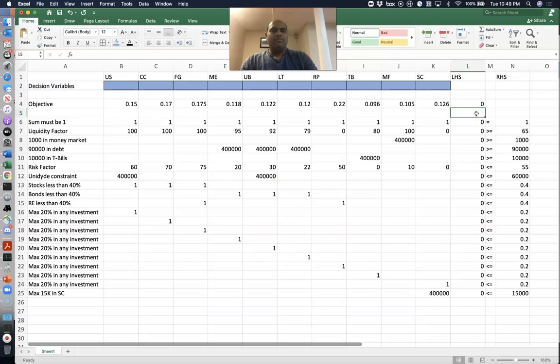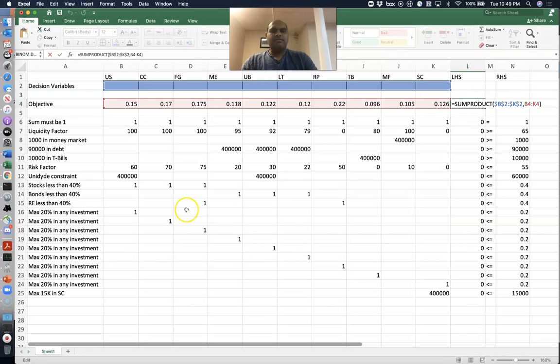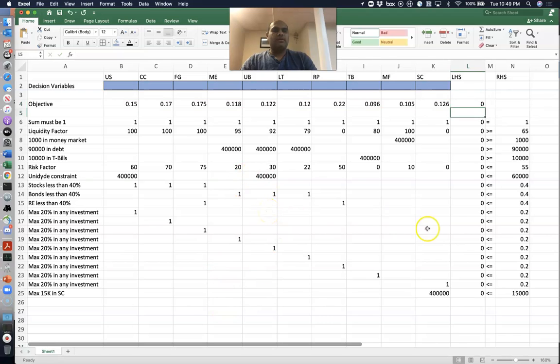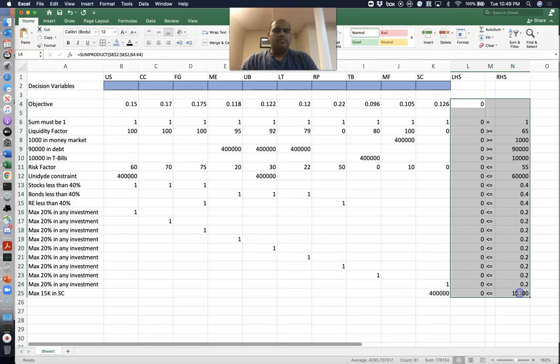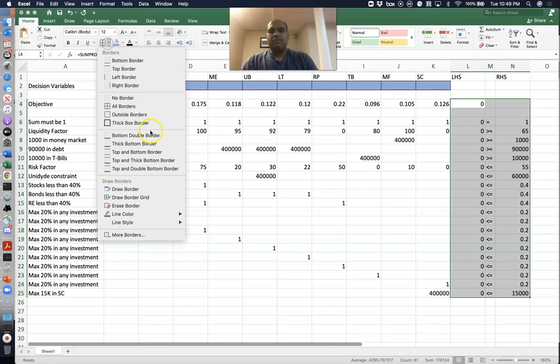It makes our life so much easier standardizing these things. We have one column for each variable. We write the coefficients, then we write the formula where you multiply the decision variables with the corresponding objective coefficients or constraint coefficients, whichever they are.